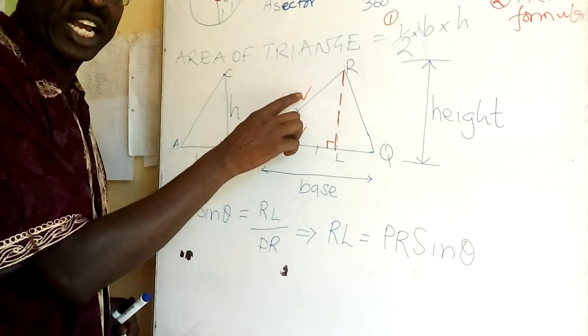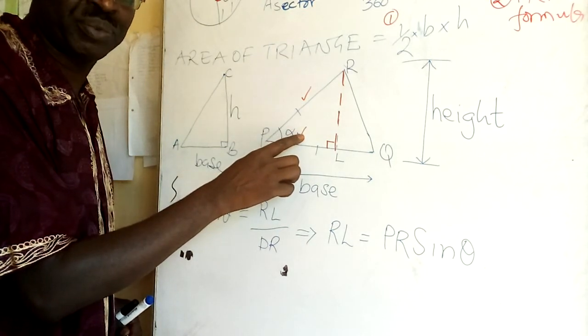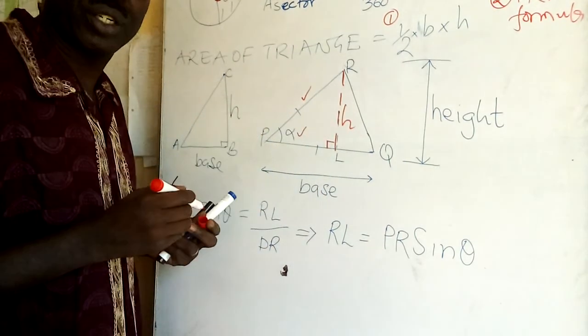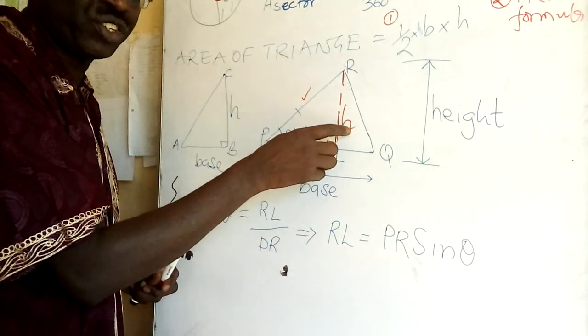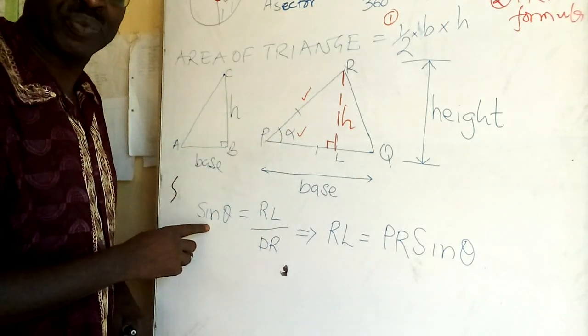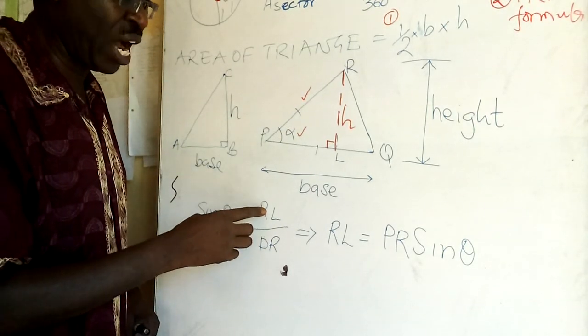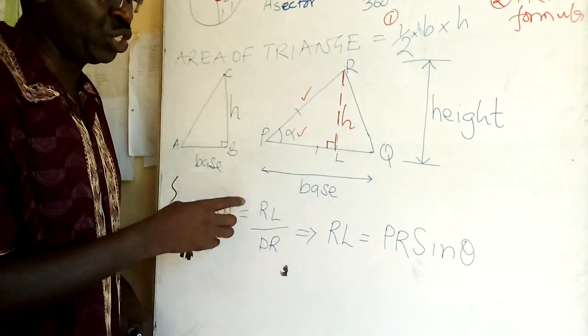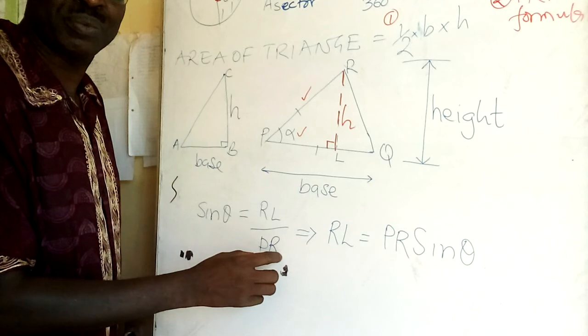If I know this side and I know this angle, I'm looking for H. So I know H, which is opposite, and I know the hypotenuse. So I use sine. Sine theta is equal to RL over the hypotenuse, which is PR.